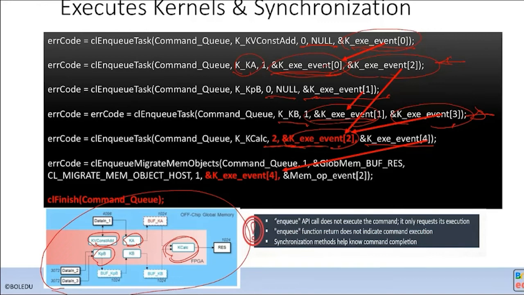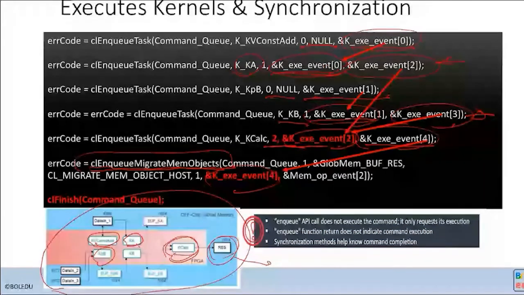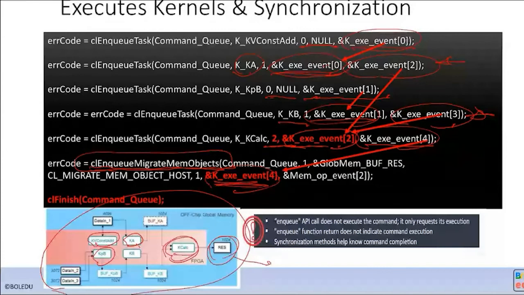Okay, so before you can move the result buffer back to the host program, you have to wait for the calculate kernel to complete, which is event 4. So this is our Lab3 code.